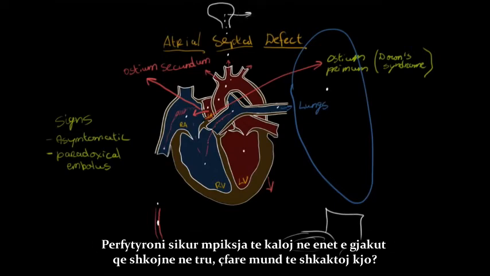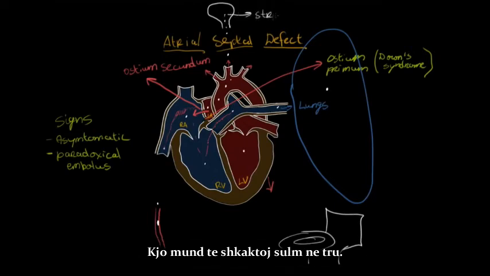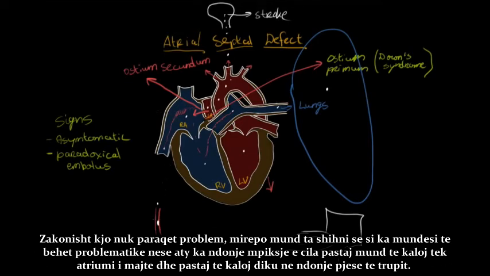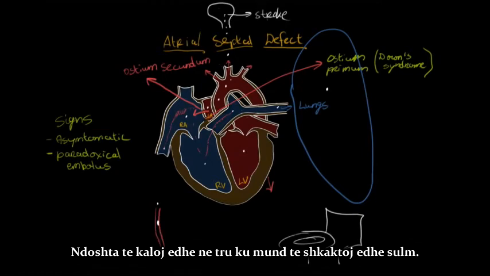What can that cause? Well, that can actually cause a stroke. So it's not usually a problem, but you can see how it can potentially be a problem if there's a clot that then travels to the left atrium and then goes to the rest of the body, possibly even going to the brain and causing a stroke.